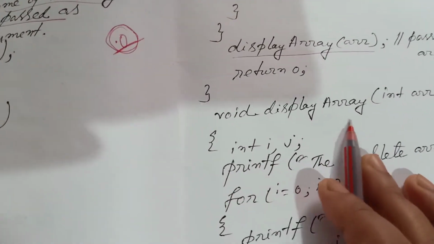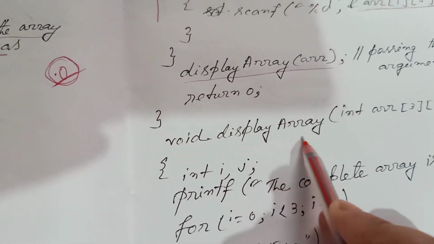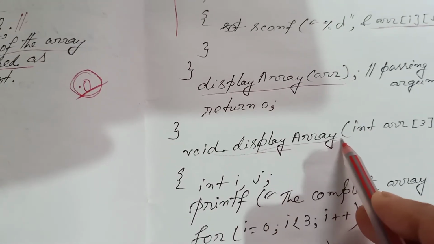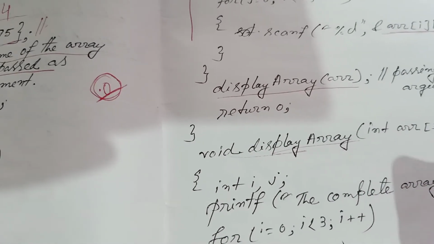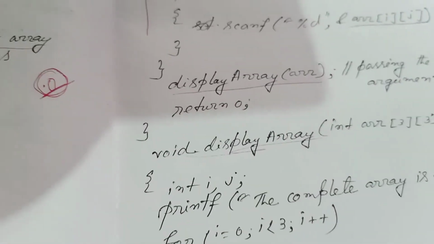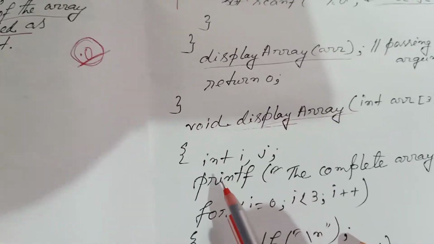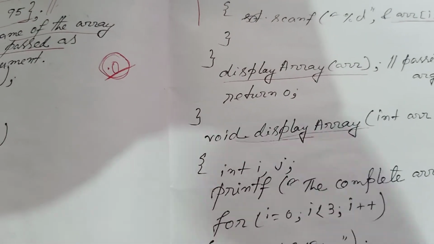Now define the user defined function, void display array with the argument int arr 3 3. Now start the user defined function. Definition: int i, j, used as variables.